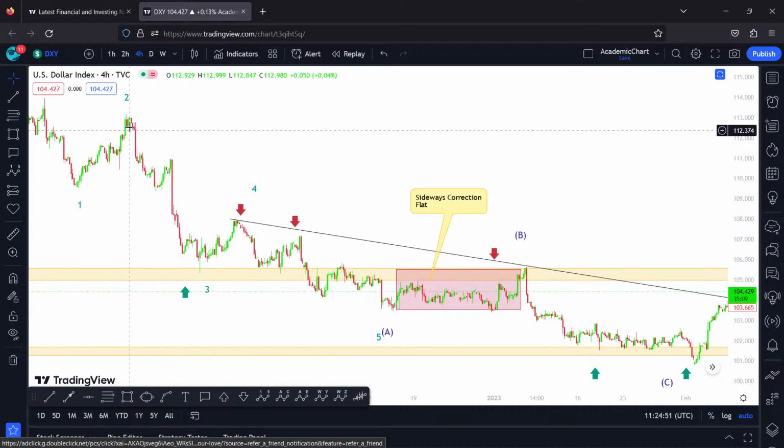So in a 1, 2, 3, 4, 5, this third wave here, in the smaller scale again, you will see that this fourth, for example, did not enter the first territory when it was correcting. So this correction has a very huge gap from the destination of the first wave.